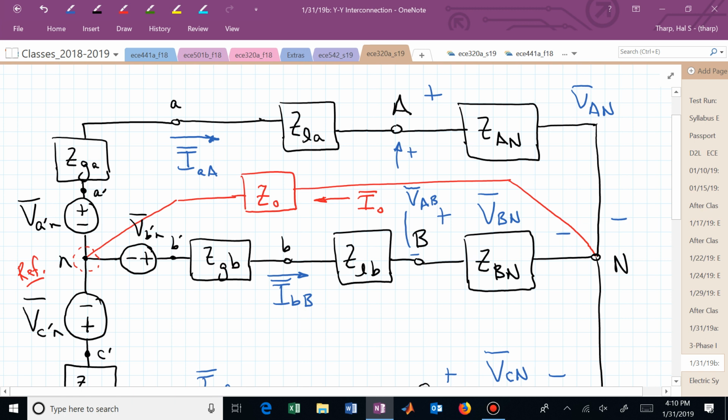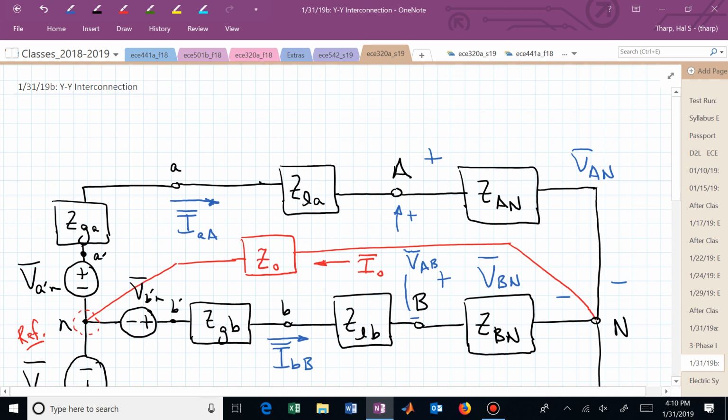Yes. What would V capital A lowercase a be then? What would V capital A capital lowercase a be? I think what you're asking is what is this voltage.